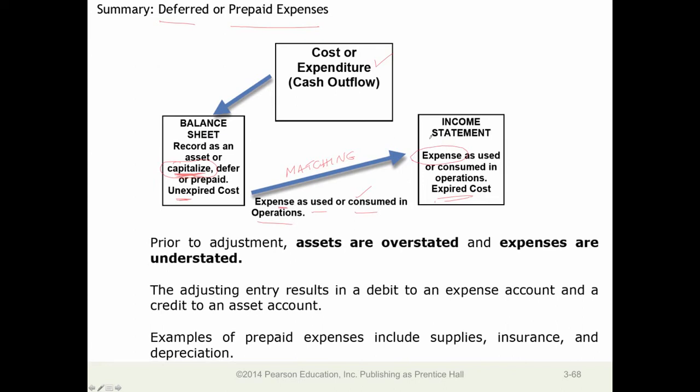So prior to the adjustment, assets are overstated and expenses are understated. And of course, by understating expenses, it means that income is overstated as well. And I want you to go back to the accounting equation, because prior to the adjustment, if you overstate the asset, you're also going to overstate equity through income.